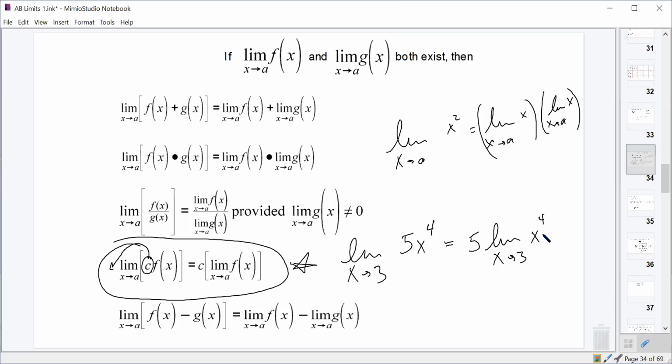Everybody okay with that or no? Yes. Yeah, any questions on any of those little limit rules that we're gonna use later?